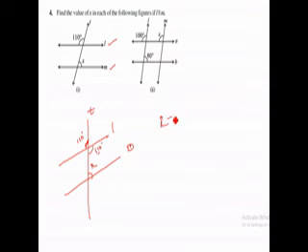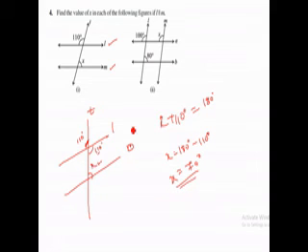That means x plus 110 degrees must equal 180 degrees. So x equals 180 degrees minus 110 degrees, which is 70 degrees. So x equals 70 degrees. So we have the value of x.